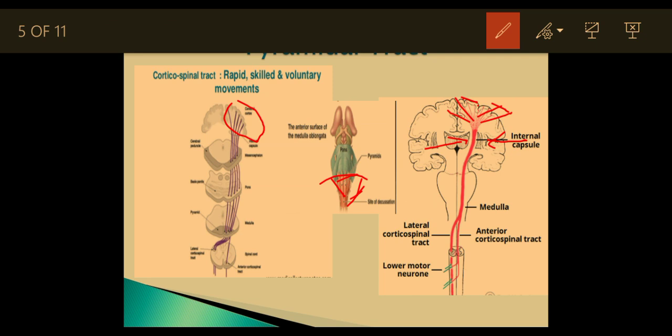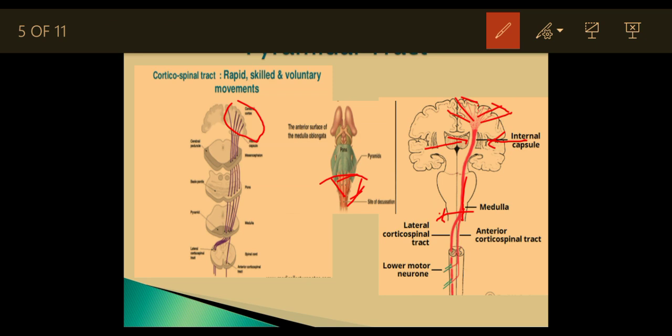After crossing the midline to the opposite side, we can see this tract in the lower part of the medulla, where 80% of the fibers cross to the opposite side. They descend downward, and at the level of the spinal cord it approaches the lateral white column, and then descends to the different segments of the spinal cord.